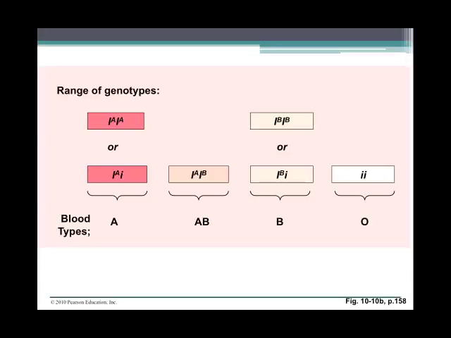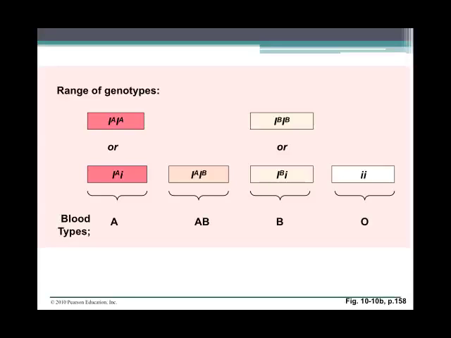Then we get to AB, and there's only one possible genotype. In this case, one parent gave A, the other one gave B. That's all you can get. You can't get any other genes. So that produces AB.